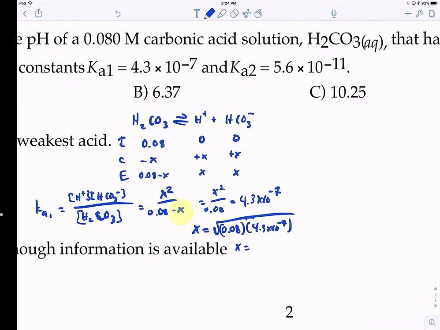So x equals 1.85 times 10 to the minus 4. Okay.